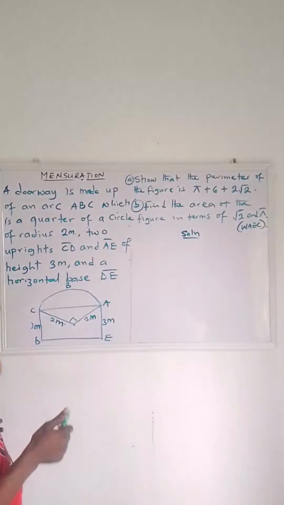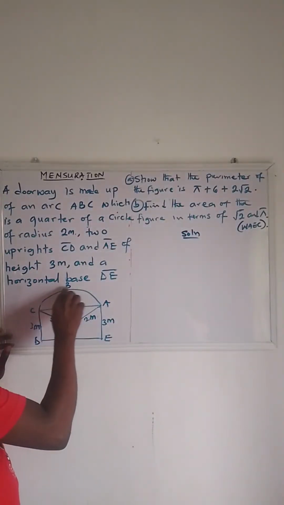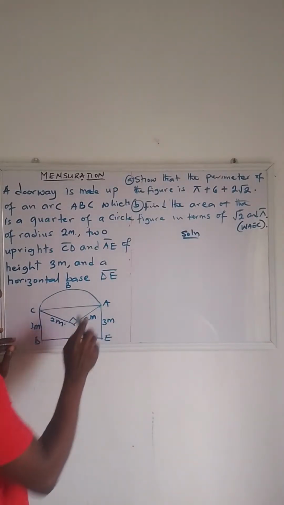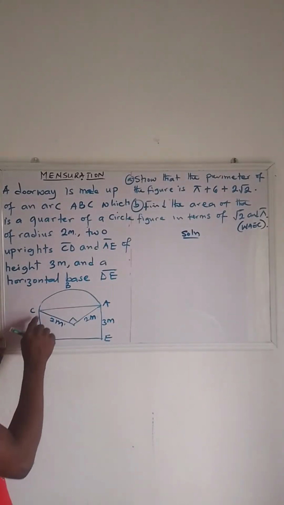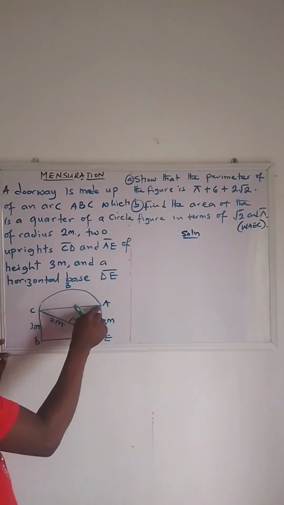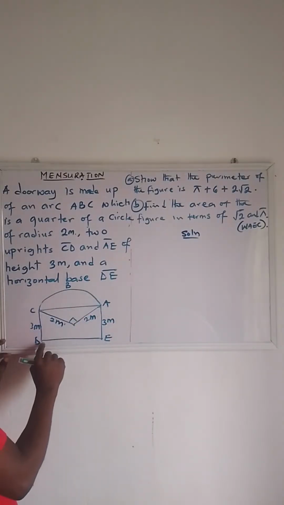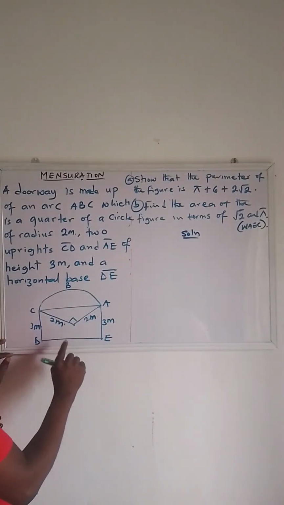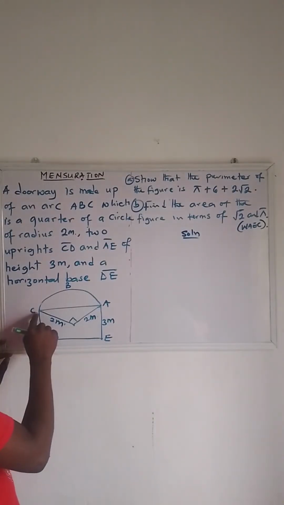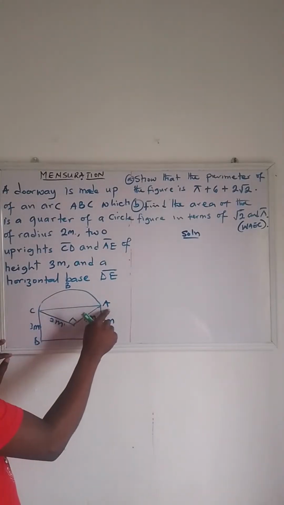I want to get this plus this plus this plus this. In this diagram, I have the two sides given. So I need to get the length of this curve, and the length DE. And don't forget, length DE is also the same as length CE.